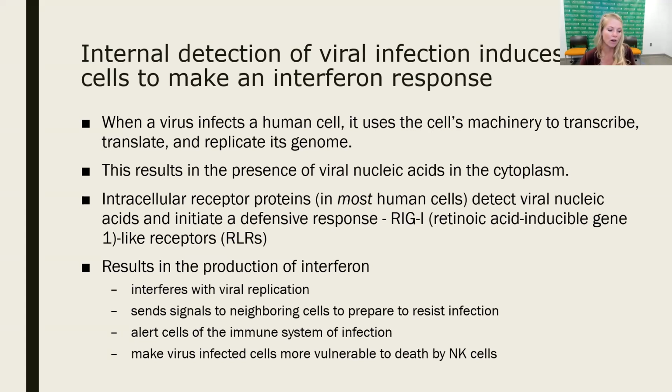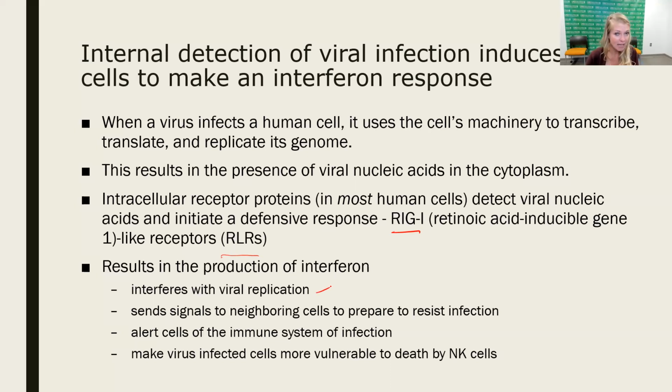And so there are intracellular receptor proteins that can detect viral nucleic acids and then try to interfere with this response. And so we have RIG and then RIG-like receptors. And they are going to hopefully interfere and block viruses from being able to fully replicate. So it interferes with viral infection.